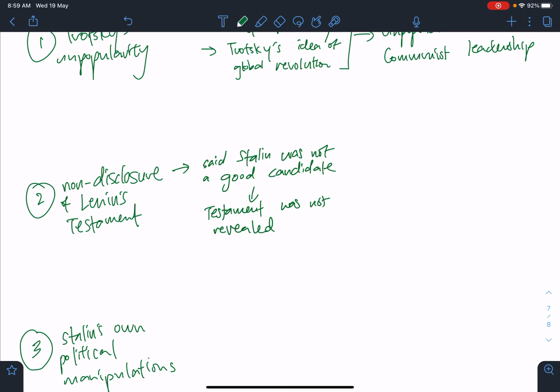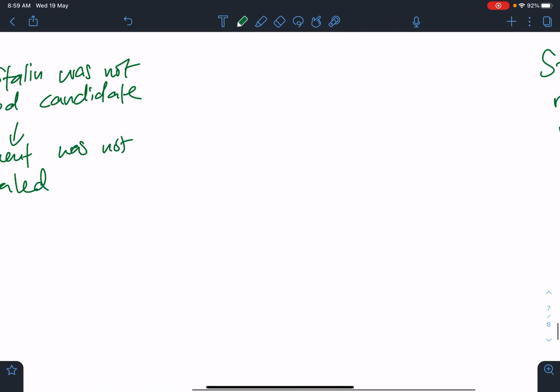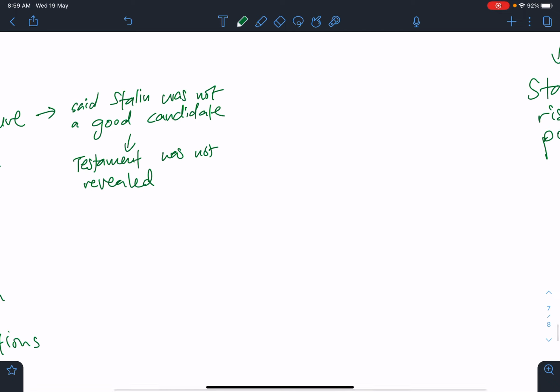Again, everybody can tell me this, but what is the significance of the testament? Remember that the testament said that Stalin should not be the Secretary General. So the impact of not revealing the testament is that Stalin retained his position as Secretary General.